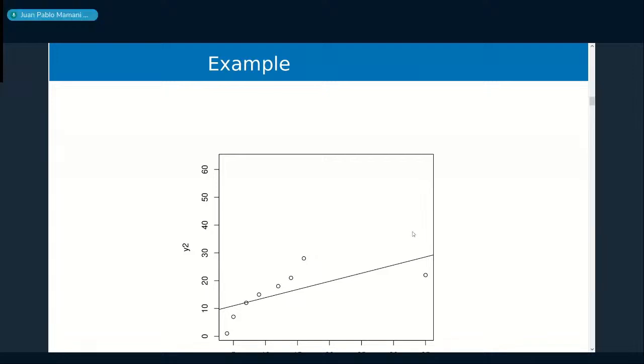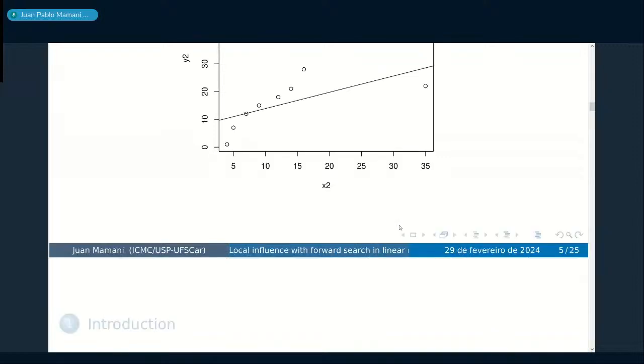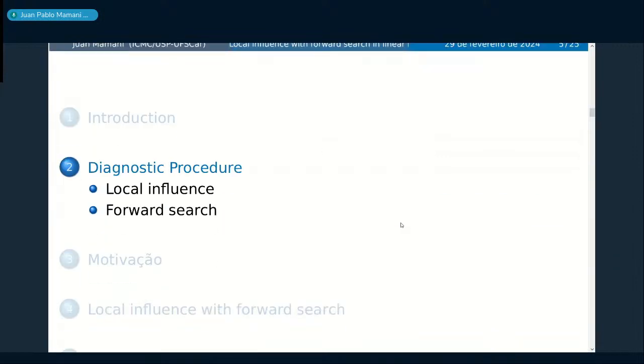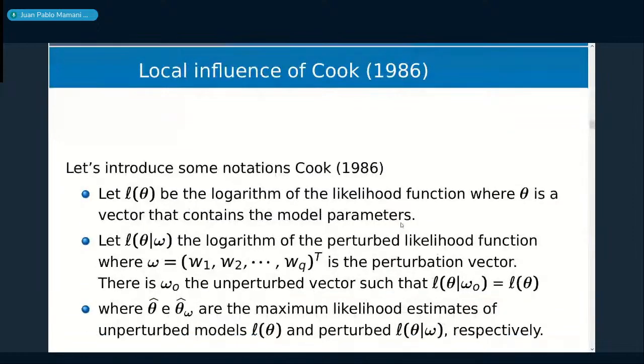When outlier data exists, we can use global influence methods, for example DF fits, DF beta, Cook distance, or others. But Cook in 1986 created another, more general method. That method is the local influence method.